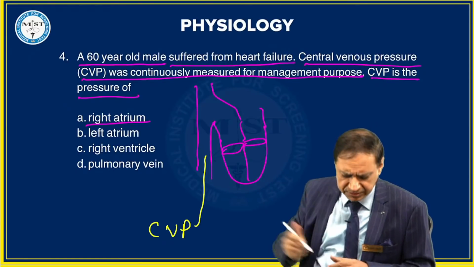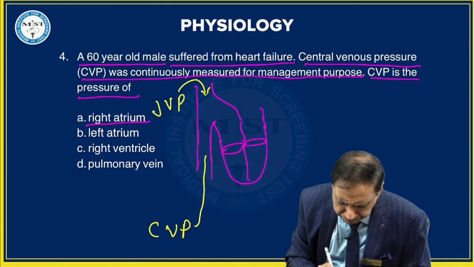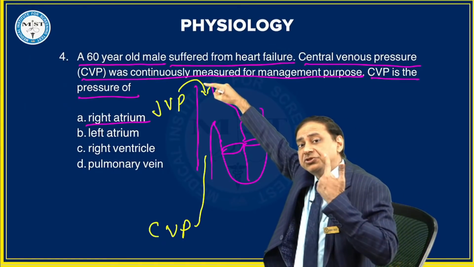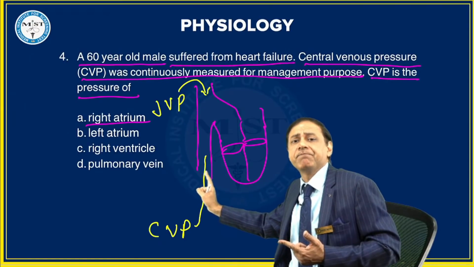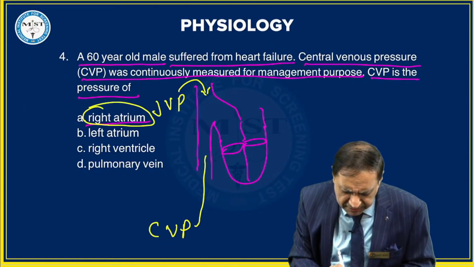Central venous pressure, or even the jugular venous pressure, JVP, reflected in the jugular vein, and the central venous pressure reflected from here, they are reflecting the pressure of the right atrium.